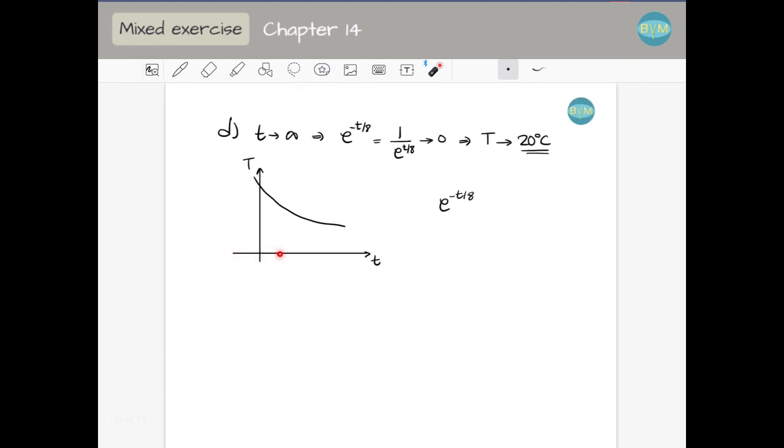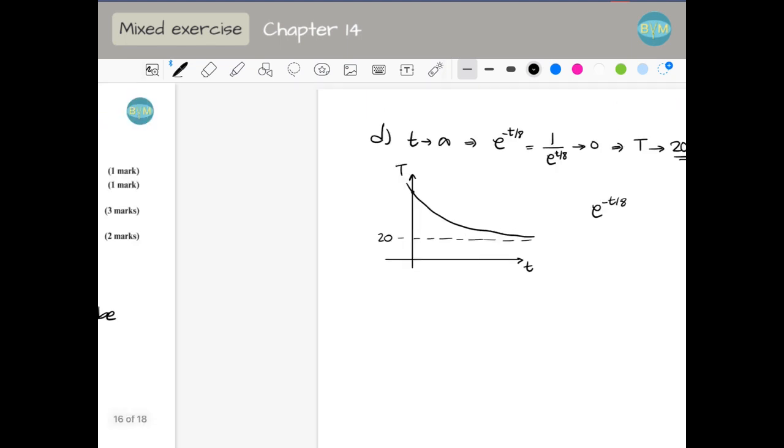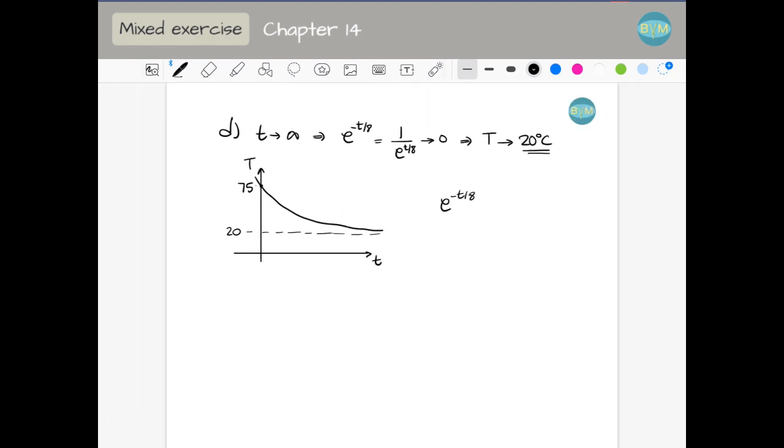So instead of having an asymptote at 0, I have an asymptote at 20. And this value would be the initial temperature, which was 75 Celsius. That would be another way of saying that the temperature never goes down to 20 Celsius.